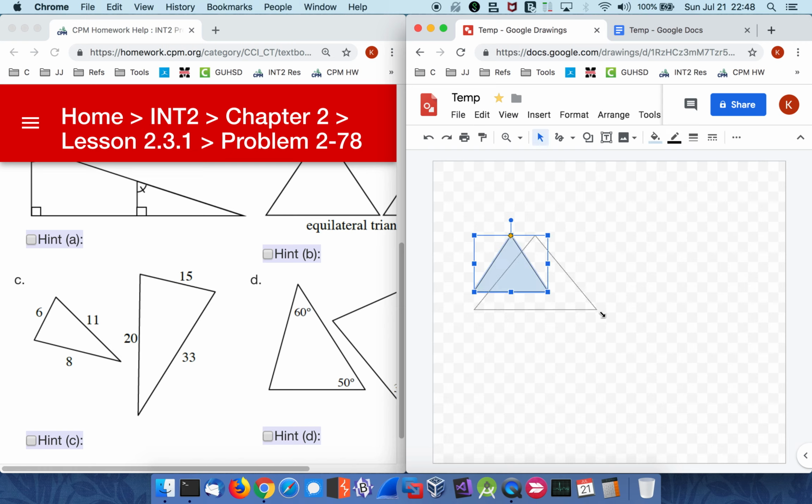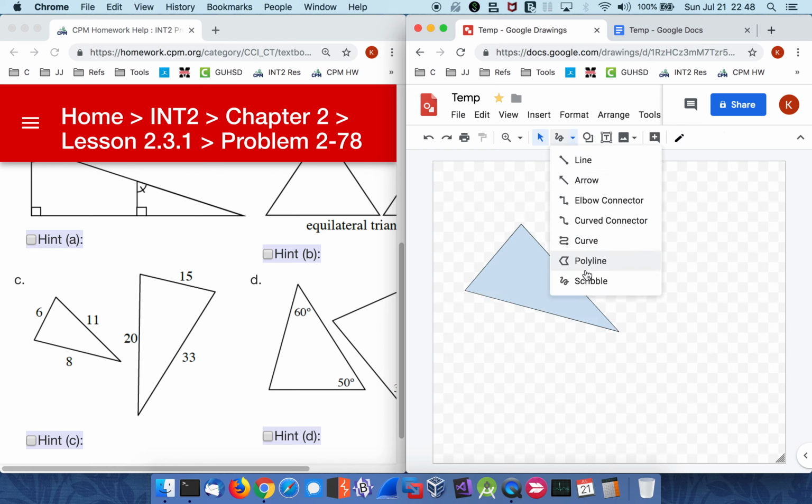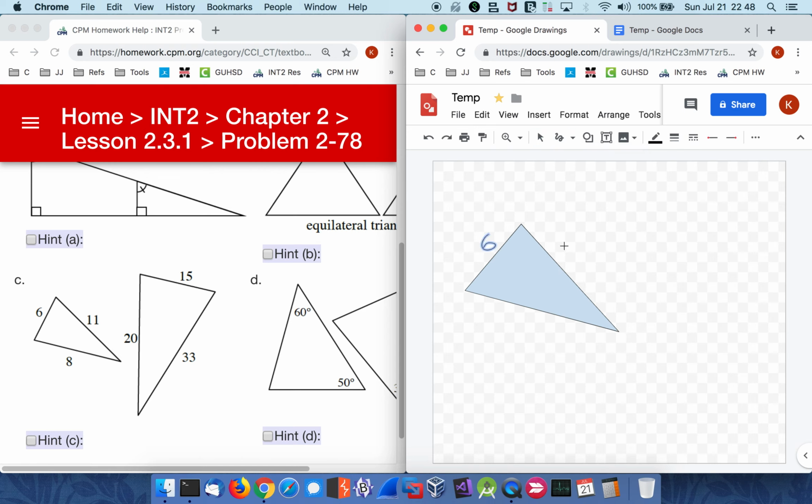Kind of like that, maybe a little bit bent. Okay, there we go. So now I'm gonna write my numbers on here. So let's go 6 over here, 11 over here, and then 8 right there.